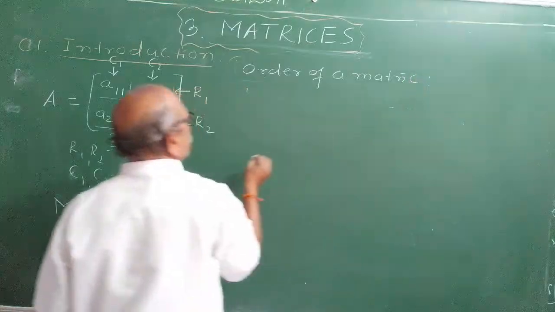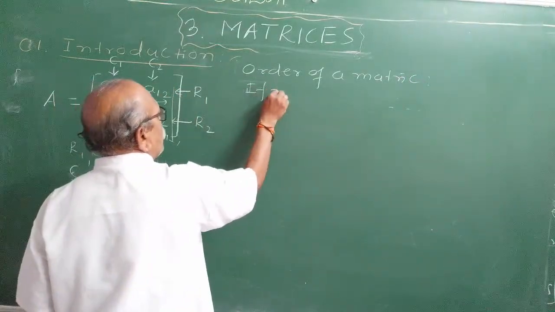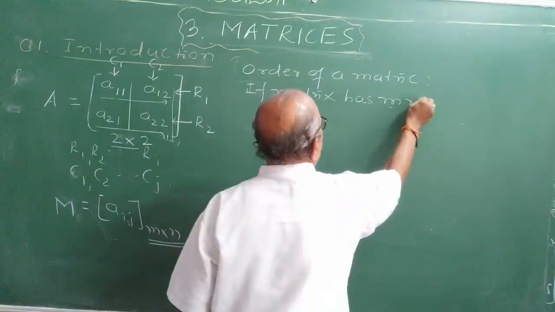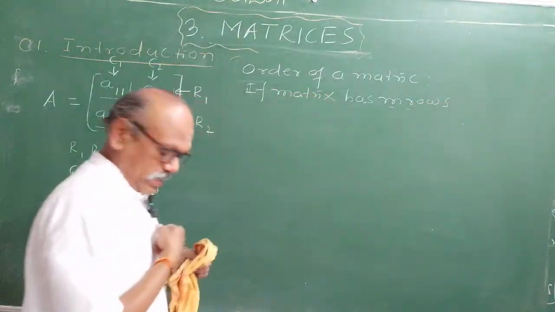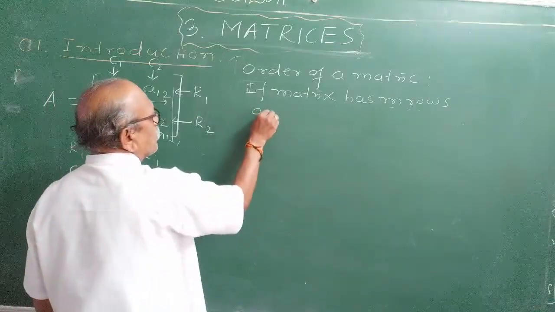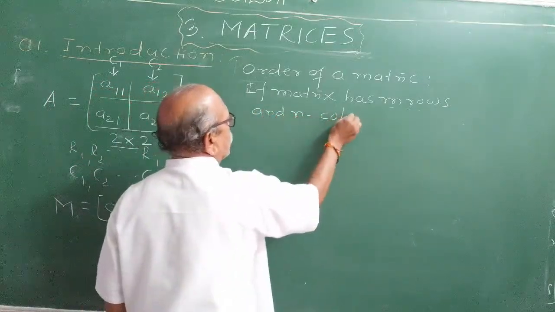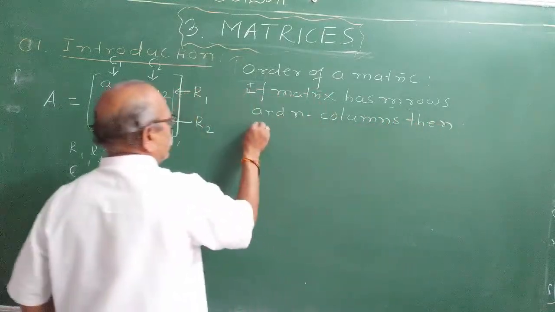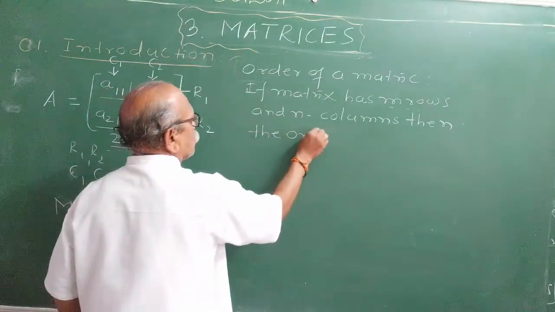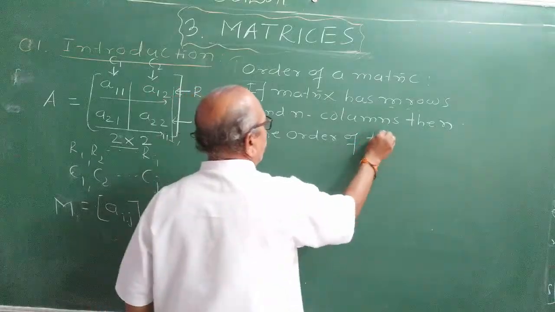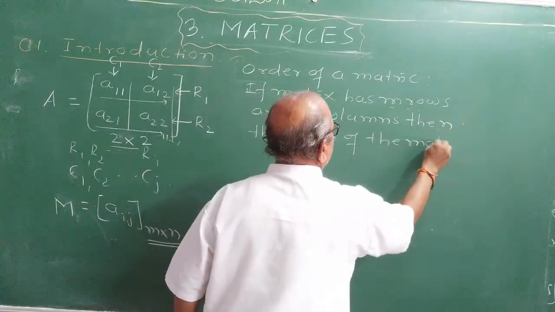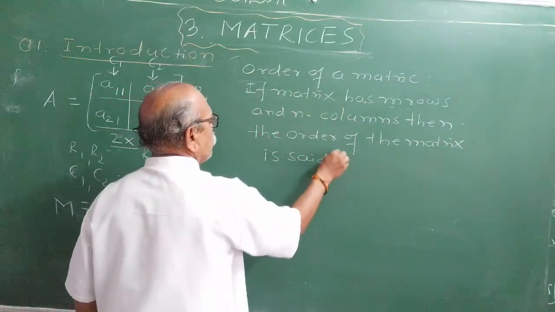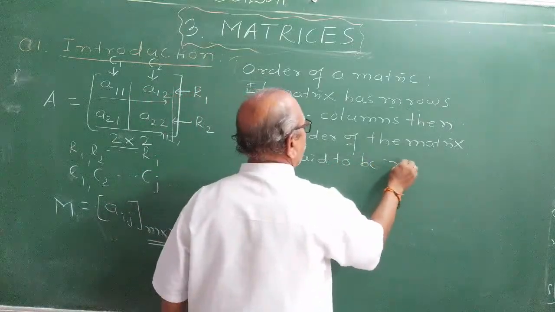Order of a matrix, right? If a matrix has m rows and n columns, then the order of the matrix is said to be m by n.